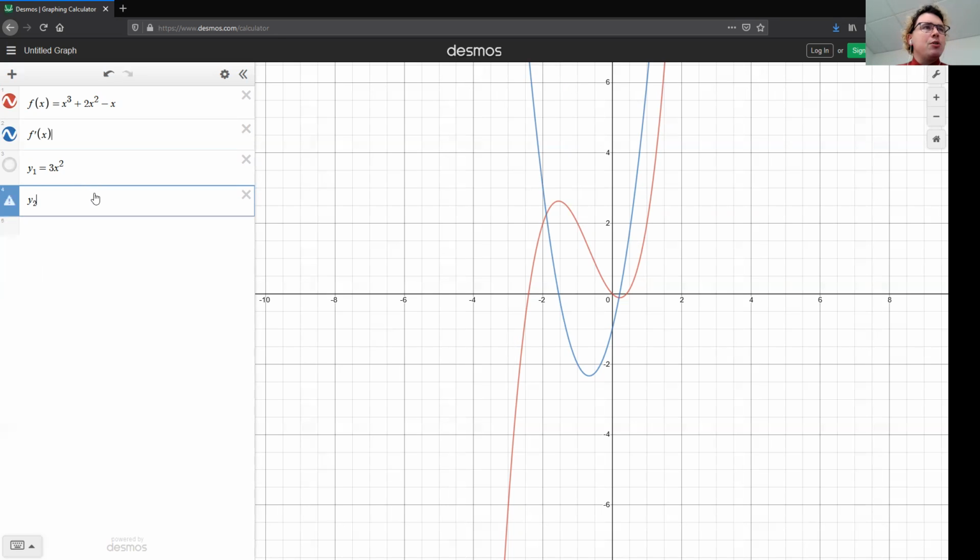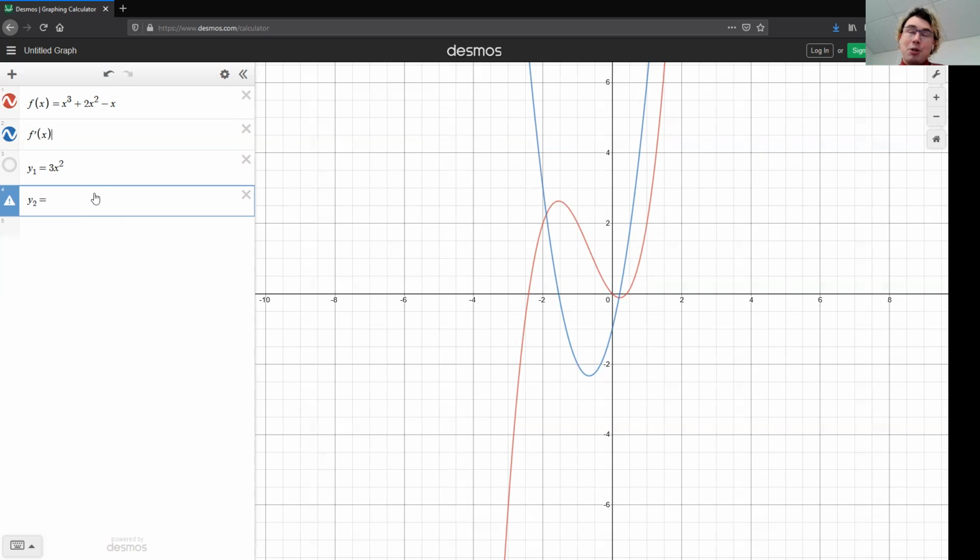Let's try y2. y2 is going to be the derivative of twice x squared. Oh, well, here I need my constant multiple rule. So let's bring that coefficient of 2 off to one side for a bit. I know that my derivative of x squared is 2 times x.